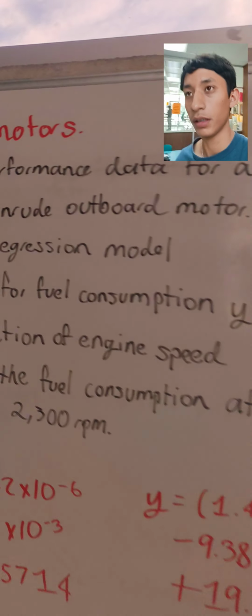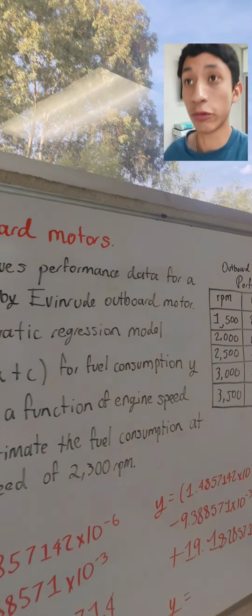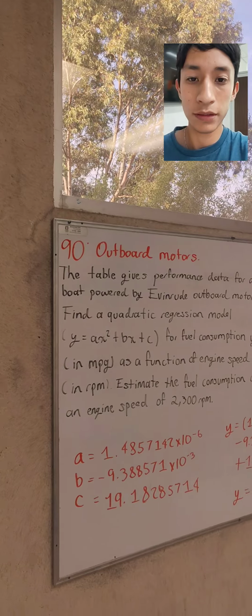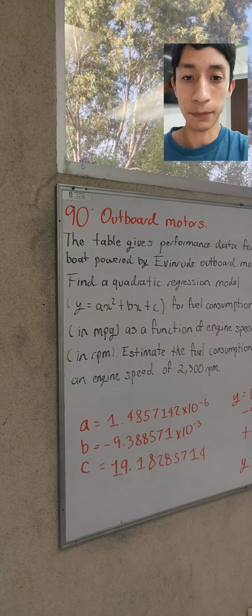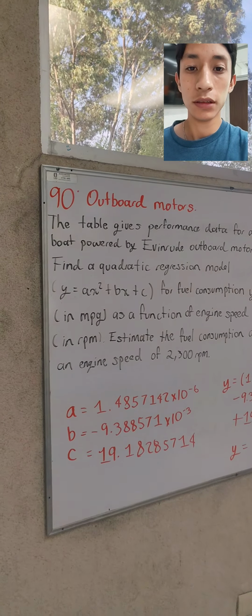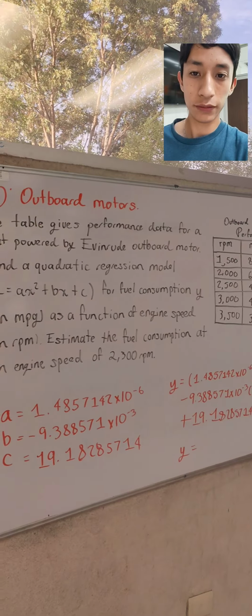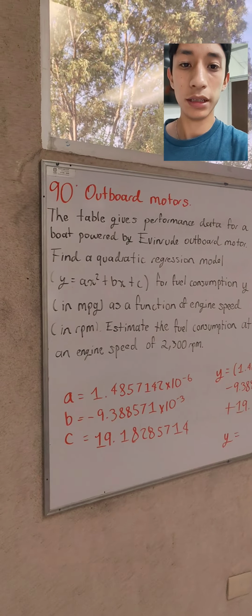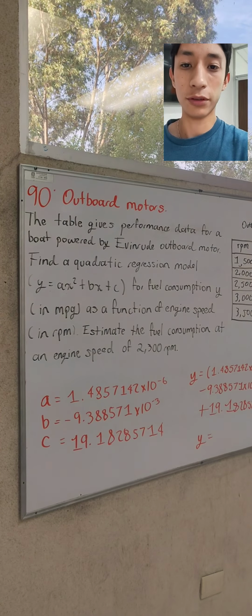So well, the second problem, of quadratic equations, is problem number 90, outboard motors. The table gives performance data for a boat powered by an Evinrude outboard motor.